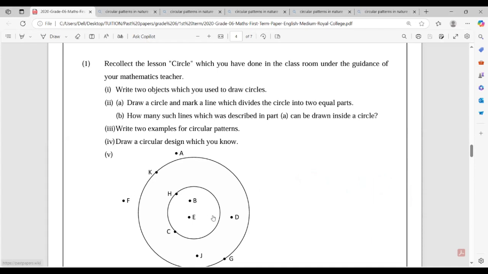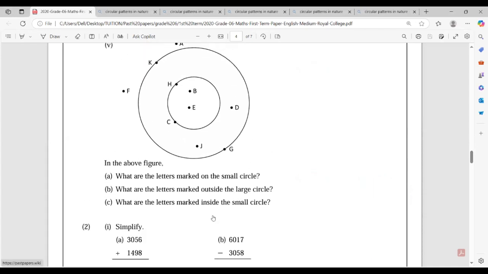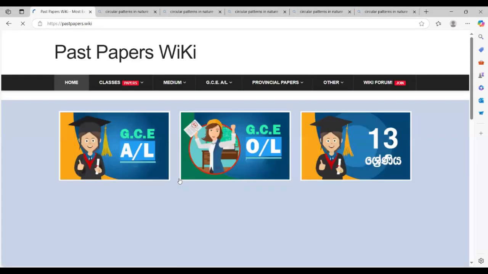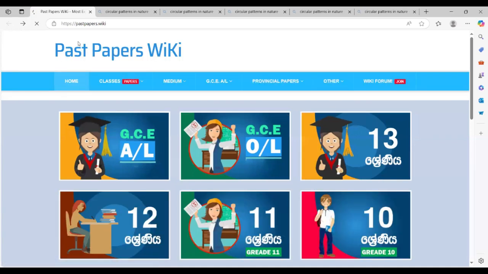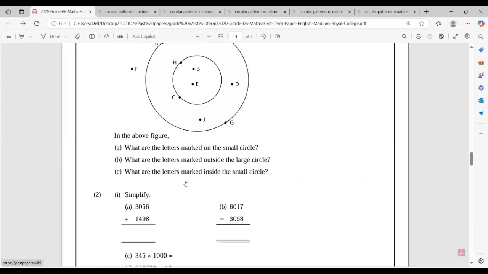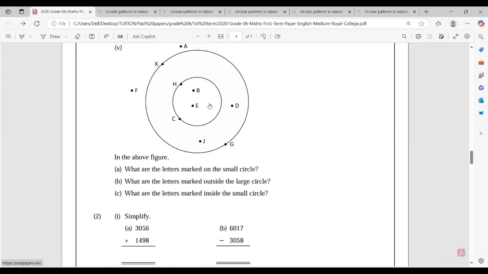You have a circle, right? In the above figure, what are the letters marked on the small circle? On the small circle means at the edge of the circle, right? Here you can see that this is the small circle, right?